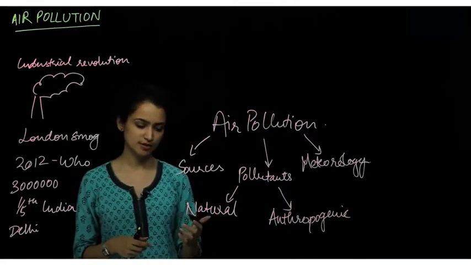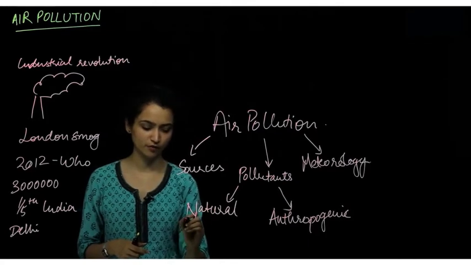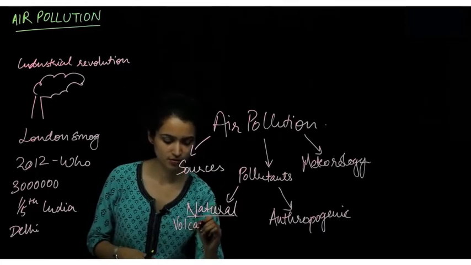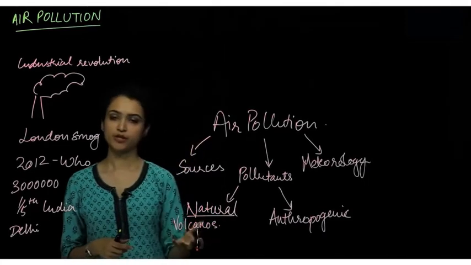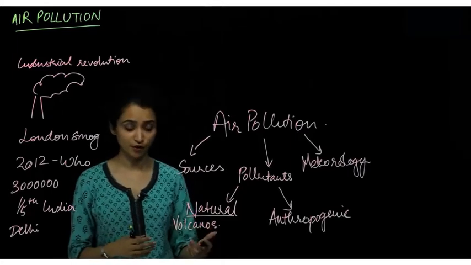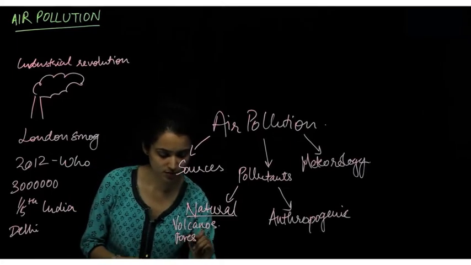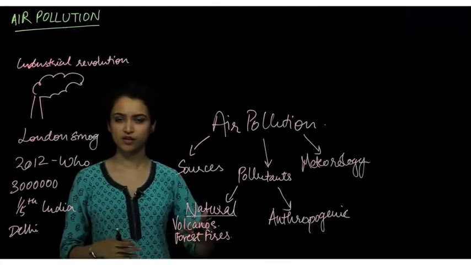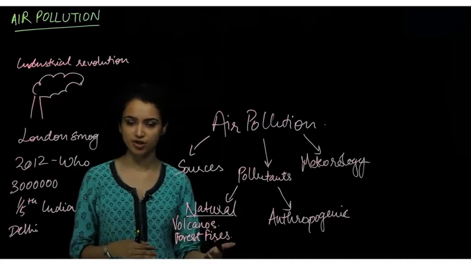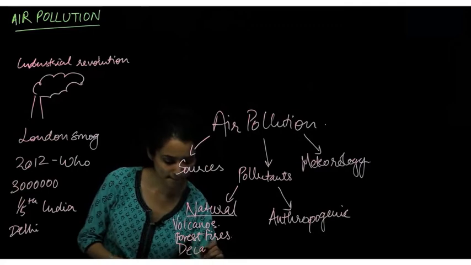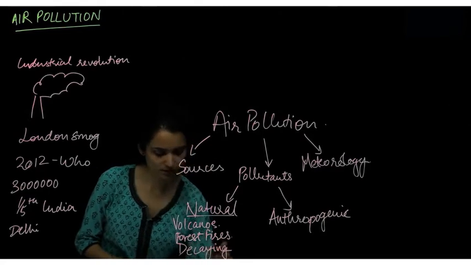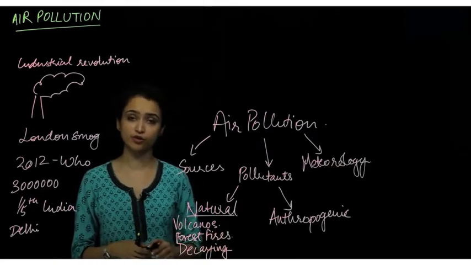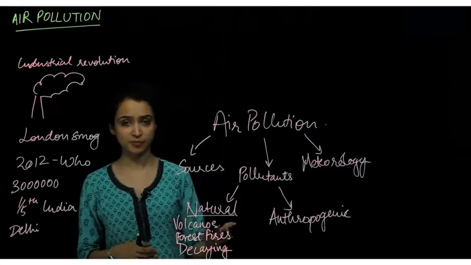Naturally occurring pollutants are released into the air because of certain natural phenomena like volcanic eruptions, because of naturally occurring forest fires, and also certain decaying processes that occur in nature. Another naturally occurring source of pollutants in the air is sea spray.